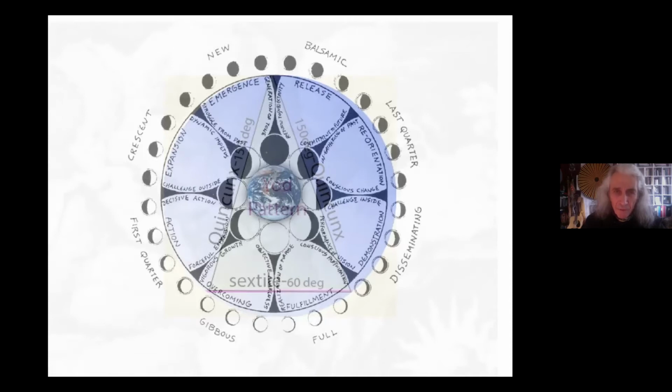So if you integrate this lunation template into your consciousness and work from that place, you will build up a consistent psychology that's grounded in fundamental principles.